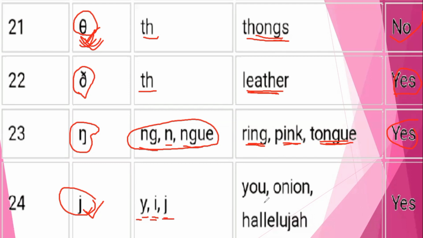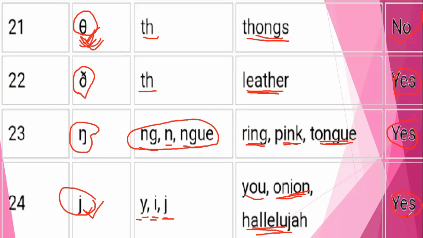For example, you, onion, hallelujah. It is also a voiced sound, pronounced with vibrations at the vocal cord.